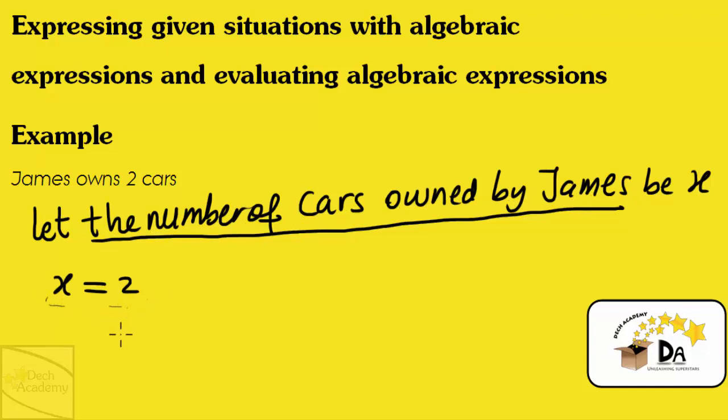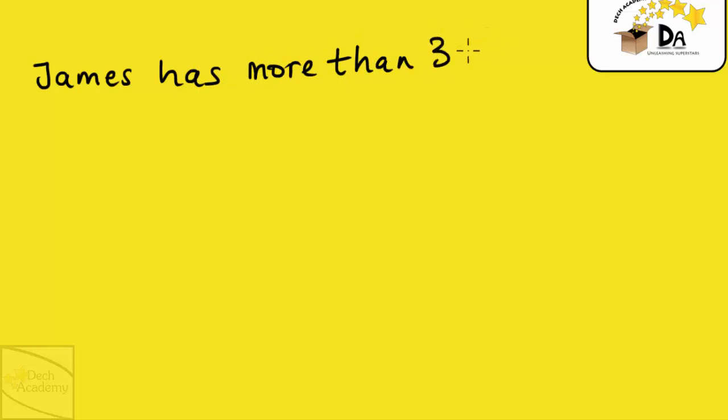And you'll find that as we express given situations with algebraic expressions, most of them will be equations, some may be inequalities. So let's look at another example. Let's say James has more than 3 cats.